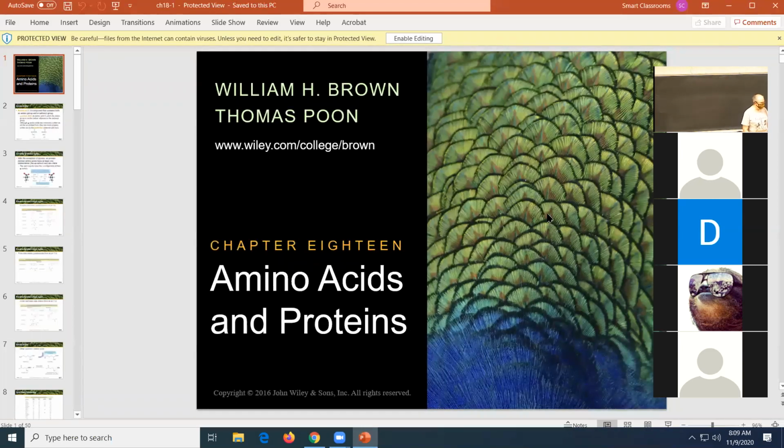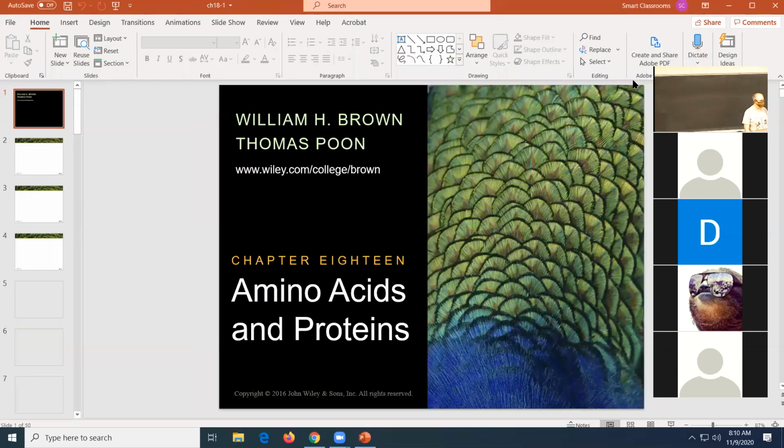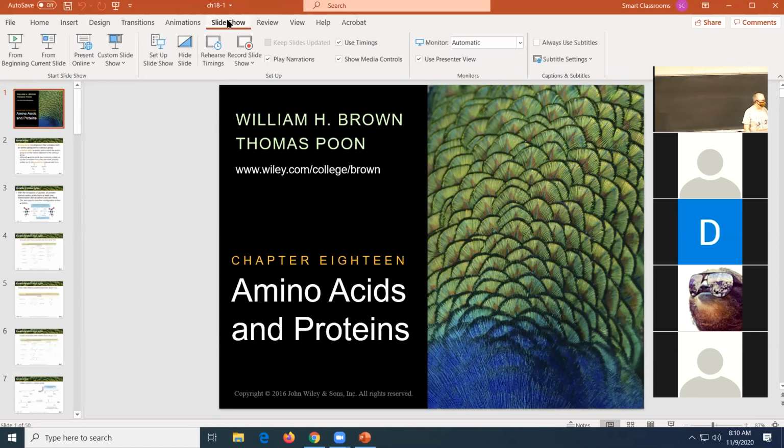Okay, we've looked at amines, and then we've also looked at carboxylic acids. And now we'll look at compounds that contain both of these groups, namely amino acids.